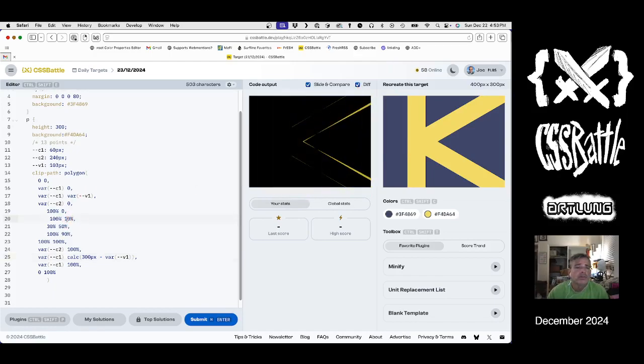Right. How about 11? 12? Nope, way too much. How about 1, 2, 3, 4, 5, 6, 7, 8, 8%. And that means, what does that mean? The 8% is in here, so it's at 92.